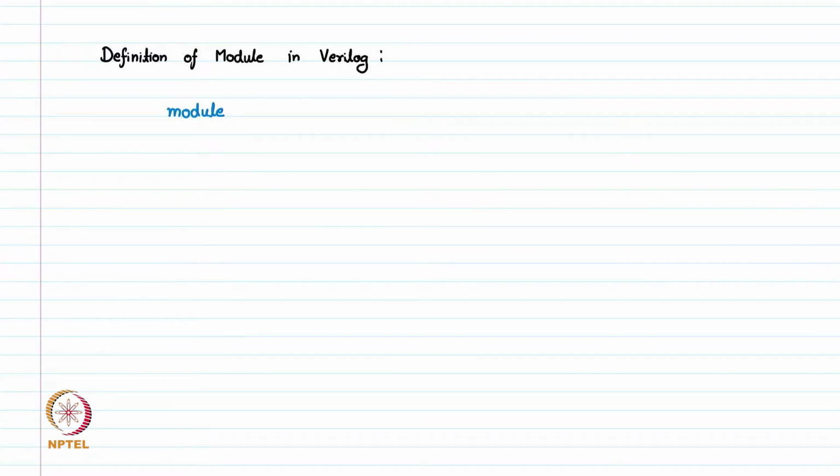These are reserved keywords of the system or the software. So, whenever we write module, the system expects that we will now write a module name. This can be AND gate or OR gate or NOR gate, whatever we want to name it. We write module name, and then we write the port list.